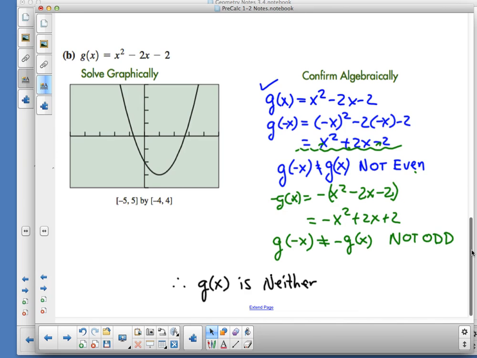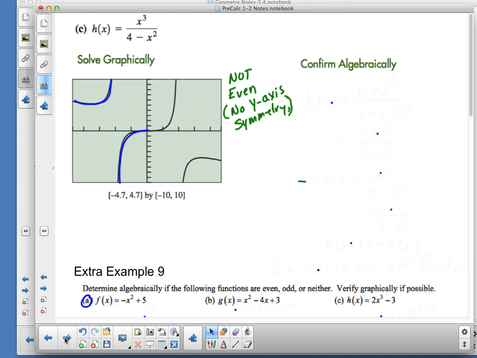We're doing good with whether it's even, odd, or neither. Now, looking at this graph, I'm telling you, it's not odd. I mean, it's not even, I shouldn't say.